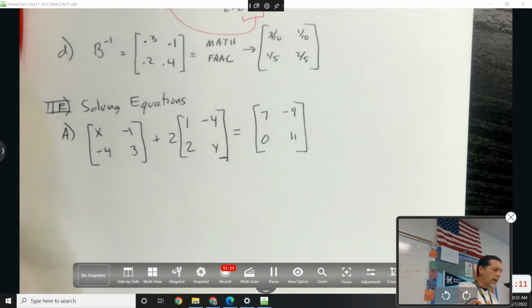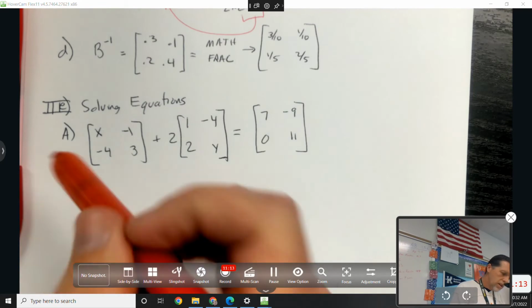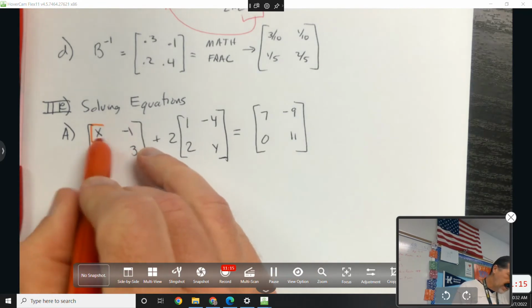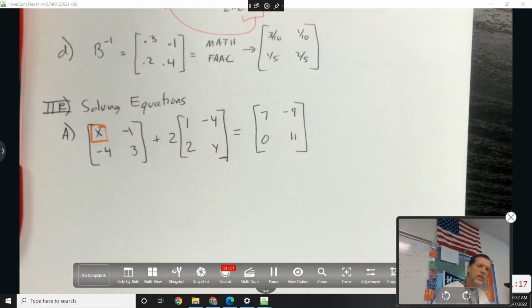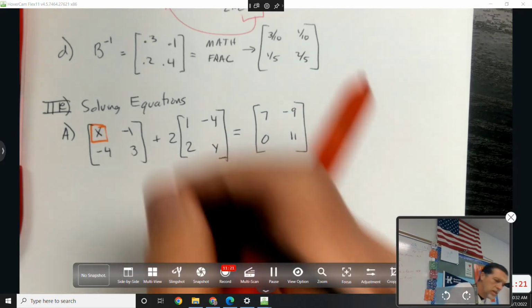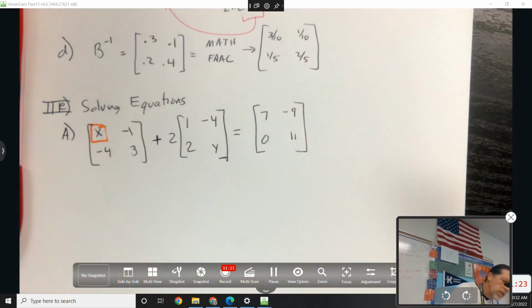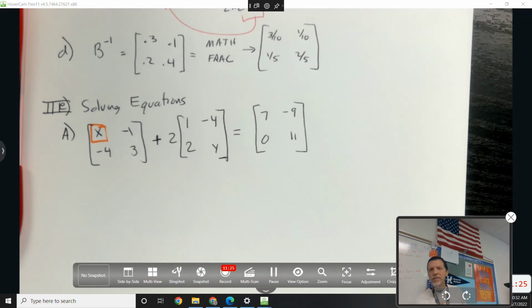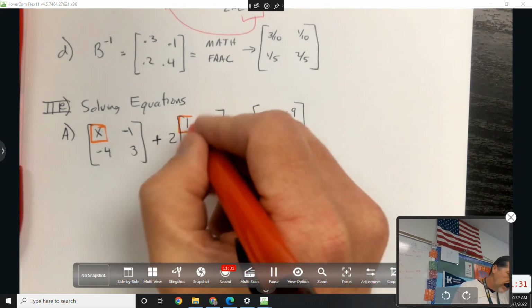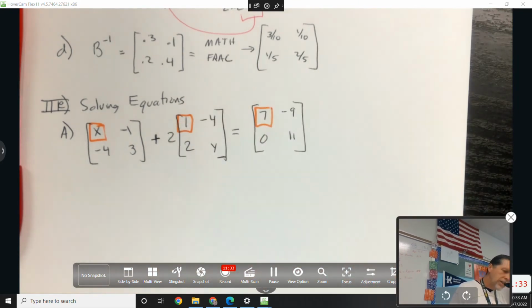Now let's say I want to find what x is. Well, when you add matrices, you add by position. So it's top left plus top left equals top left.